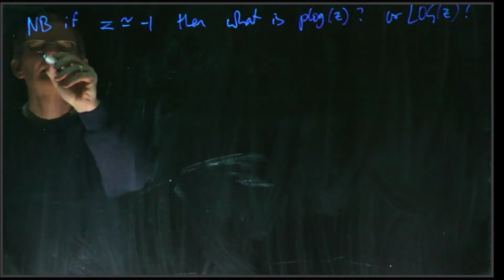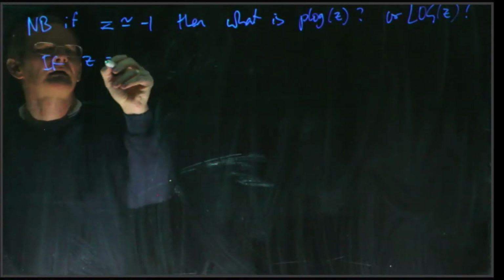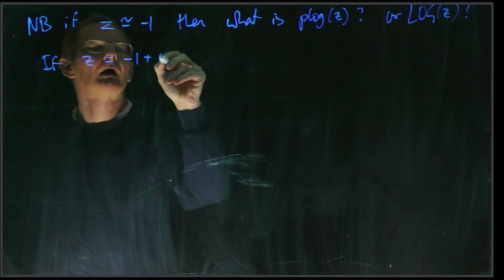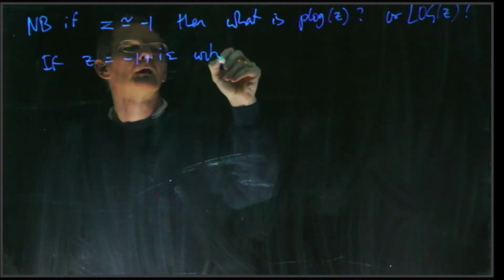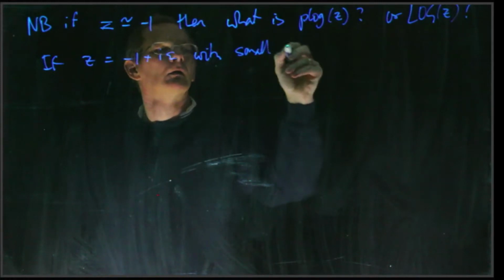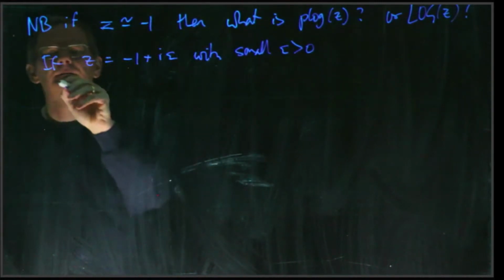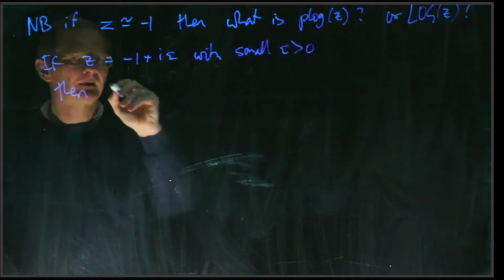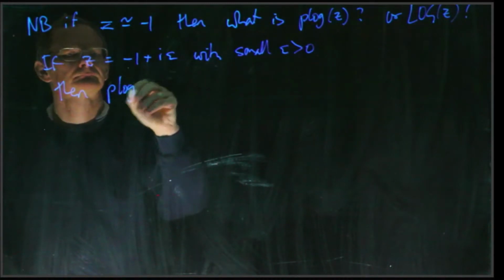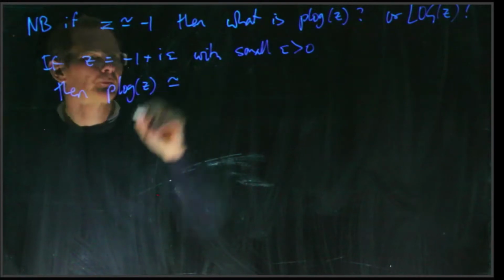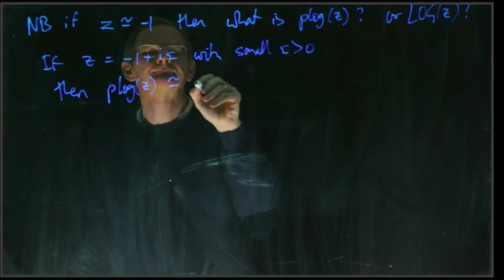If z is minus 1 plus i epsilon, with small epsilon greater than 0, then the principal logarithm is approximately i pi.